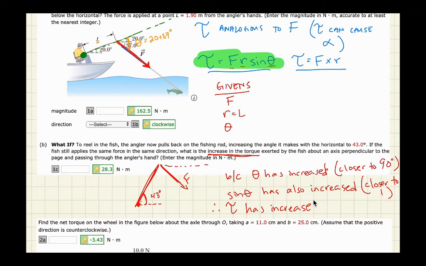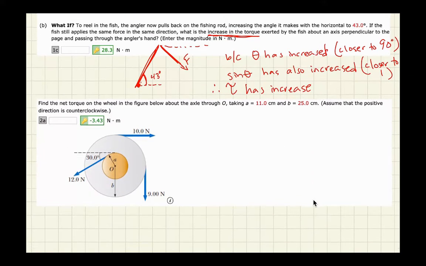The picture is not really necessary here. But I'm able to justify the fact that this torque has increased because I'm able to justify that the angle and therefore sine has increased. I've already related sine theta as being proportional to torque. And so you can see that there would be an increase in torque there as well.